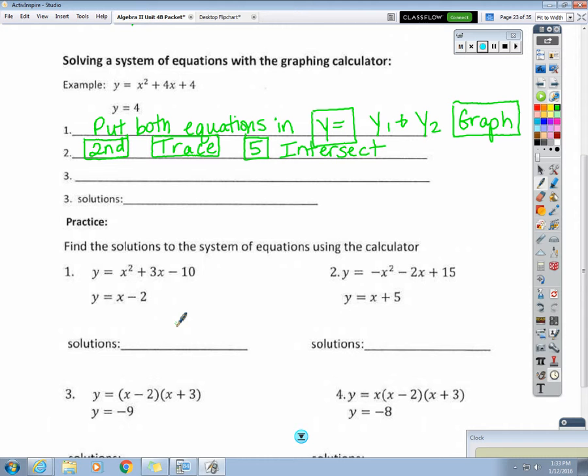Now, once you've hit second trace 5, you'll see a little blinking cursor on your screen. You're going to move the cursor to the intersection. No, it doesn't matter which one you start with.